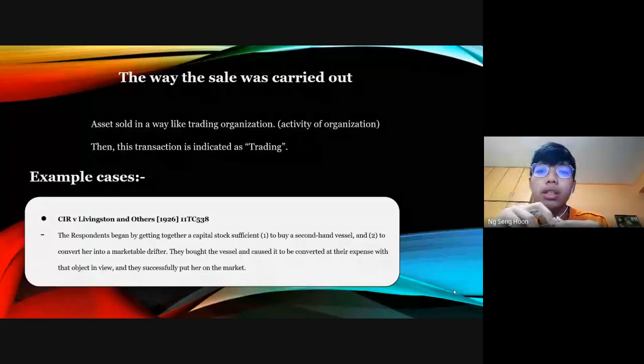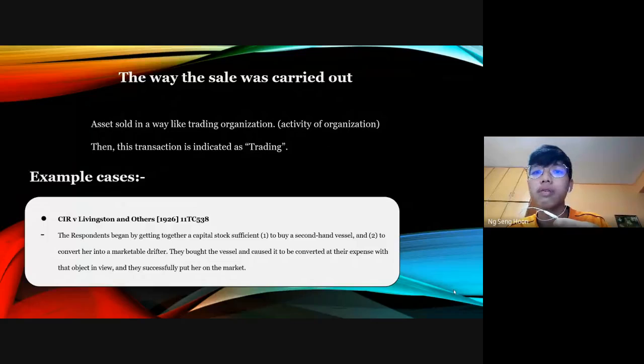For this case, from beginning to end, all the operation of this transaction is like a trading of converting and fitting the second-hand asset for sale. So this is the nature of trade. So this transaction is trading.